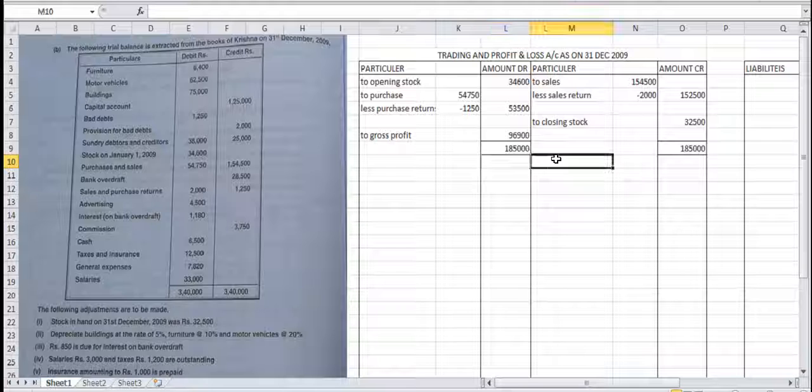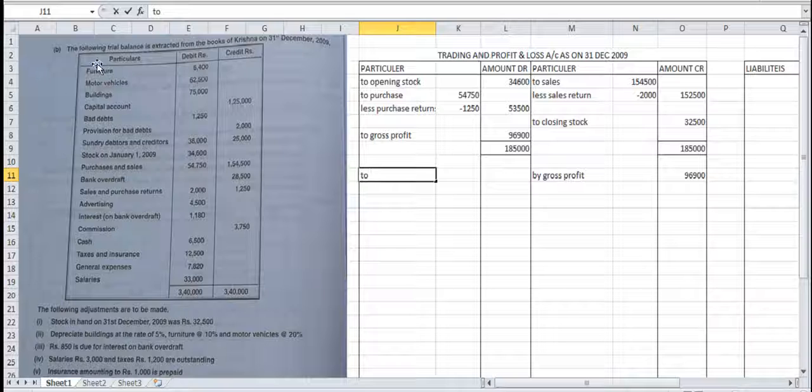Okay, now this gross profit you have to transfer to the profit and loss account. Write by gross profit. This is how much gross profit we have got, 96,900. Now let's start with the entries to P&L.